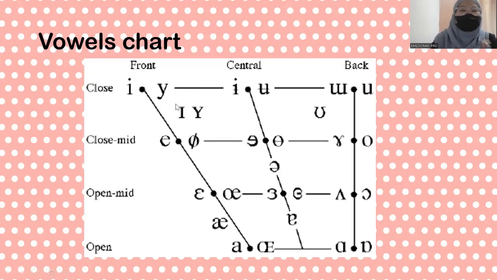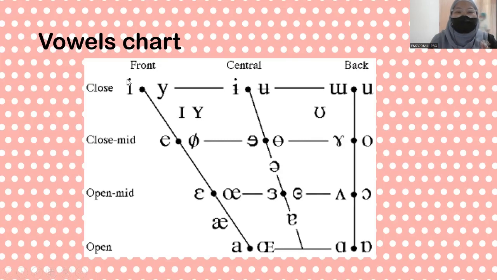This is the vowel chart. Actually, there are a lot of vowels in English, not only A, I, E, O, U, because the letter A itself can resemble many sounds such as the letter A in bar and the one in can. It shows a different sound, and this chart resembles the position of your throat and the tongue.